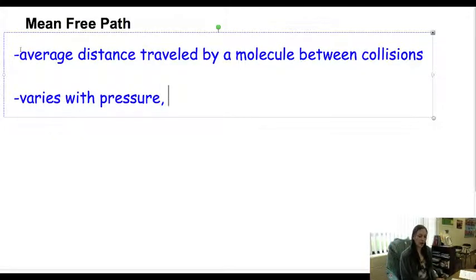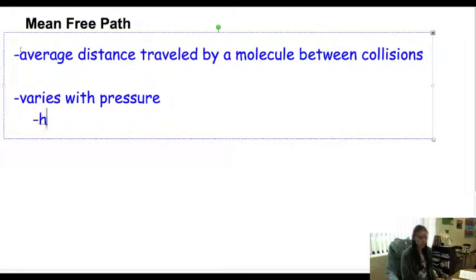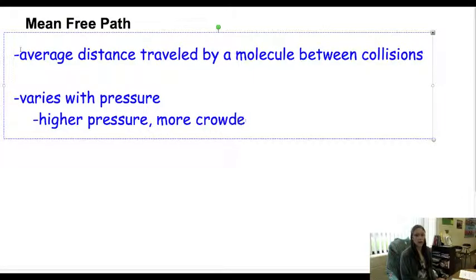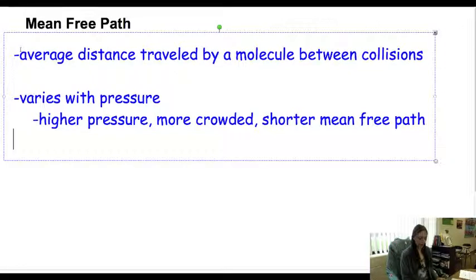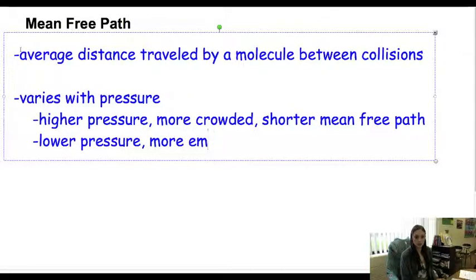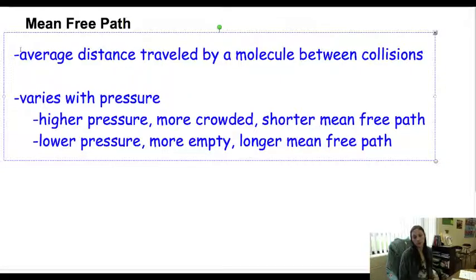If I have a higher pressure, that means it's going to be more crowded because they're going to be colliding more, and that means you're going to have a shorter mean free path. If I have a lower pressure, that means it's going to be more empty, which means it's going to be a longer mean free path.